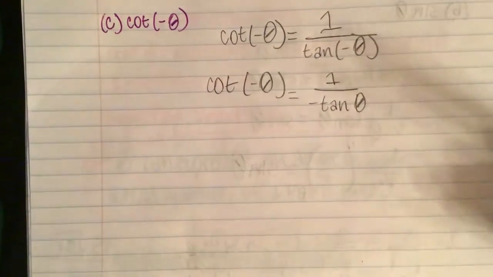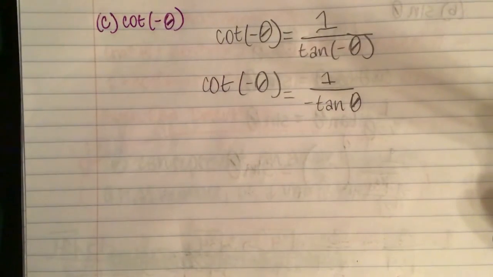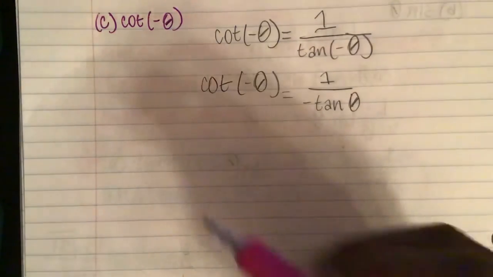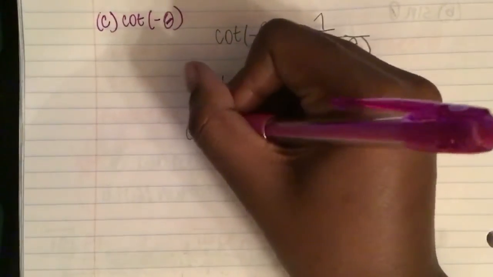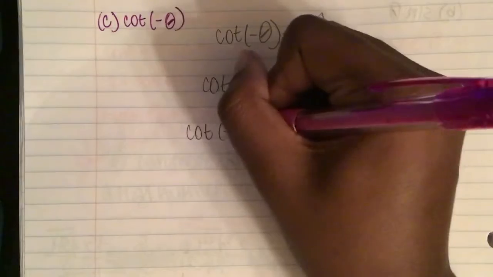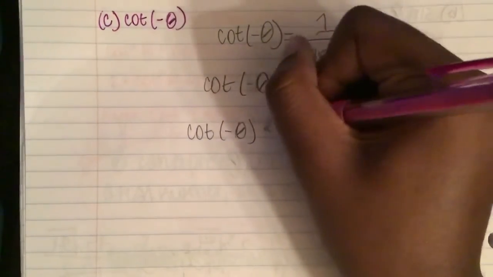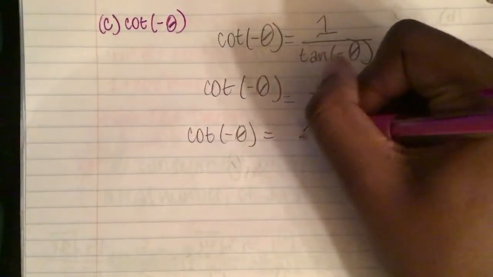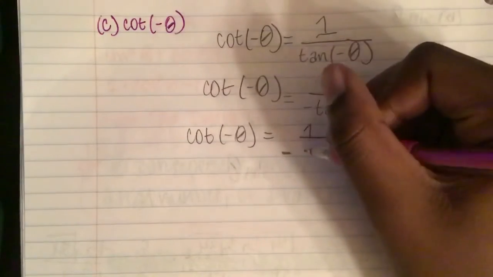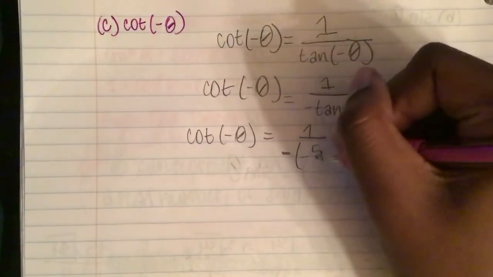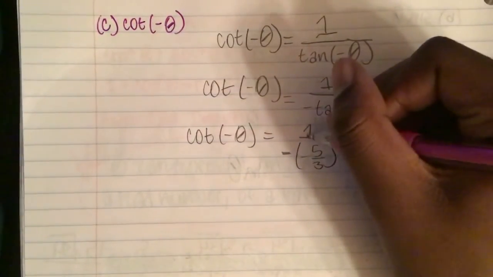And because it tells us that the value of the tangent of theta is negative 5/3, we can now say that the cotangent of negative theta is going to be equal to 1 over negative 5/3.